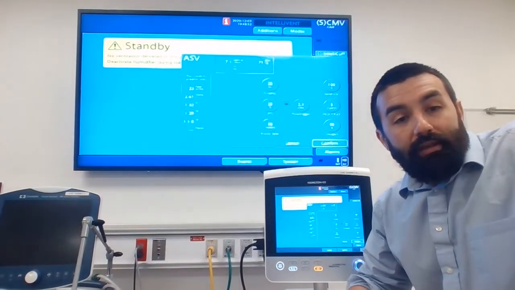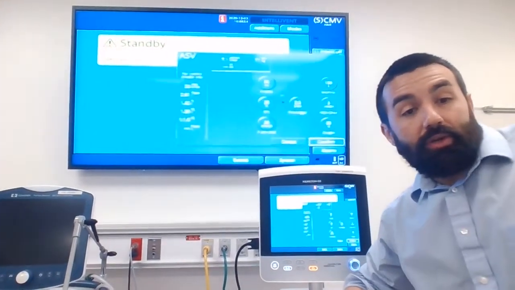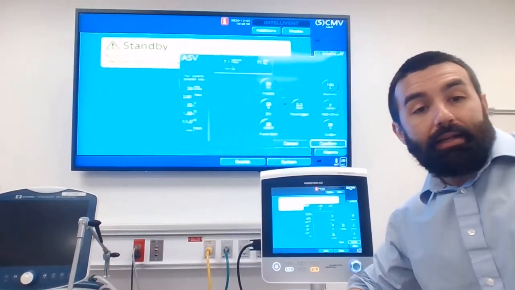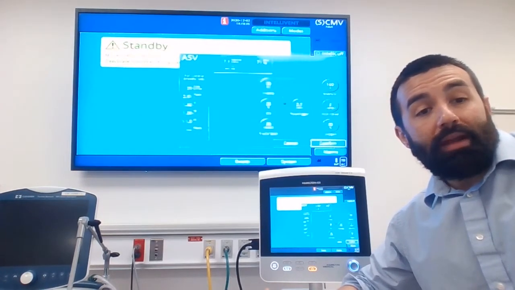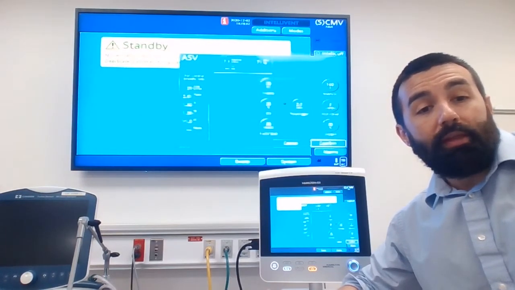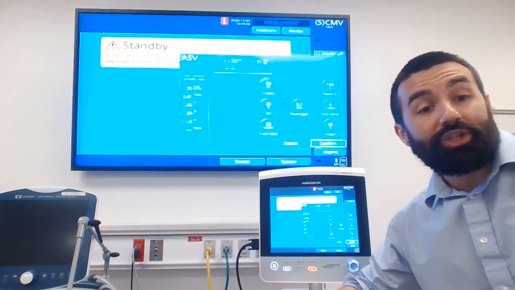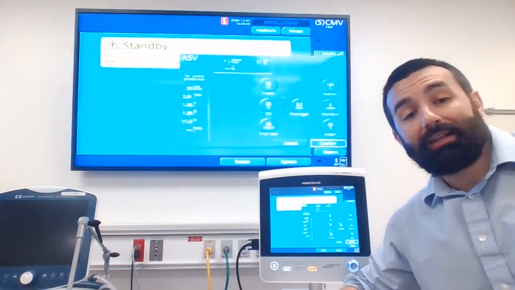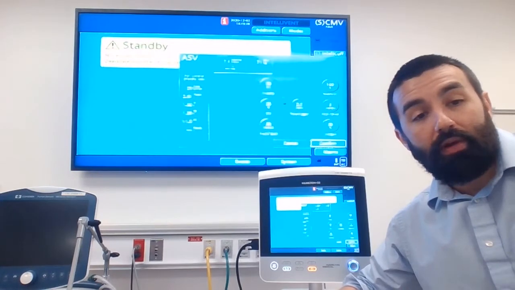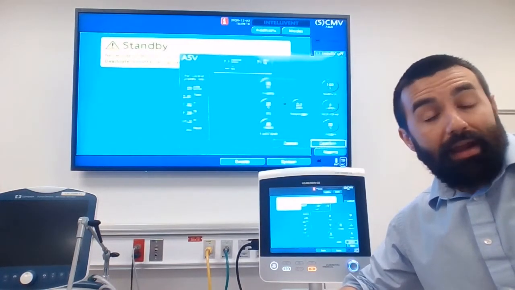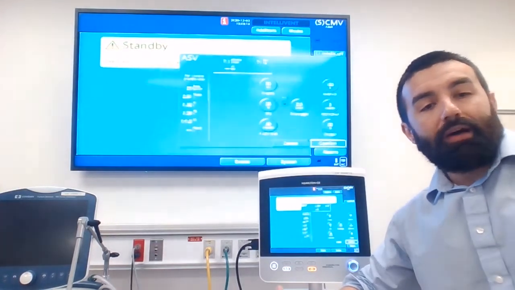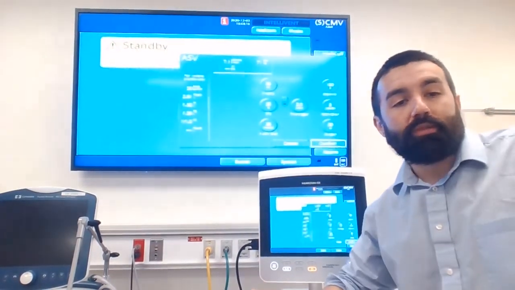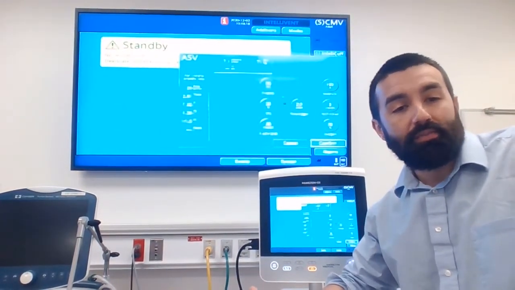So what is different with this is as a patient starts to actively breathe, they actually cannot trigger a true mandatory breath. The mandatory breaths only really take place if that patient is not breathing or not achieving their minute ventilation. As the patient actively breathes and initiates their own breaths, they're able to get spontaneous breaths, but they're given in the form of volume support. Volume support, I'll cover that in another video, but volume support is pretty much PRVC for the spontaneous breathing patient.